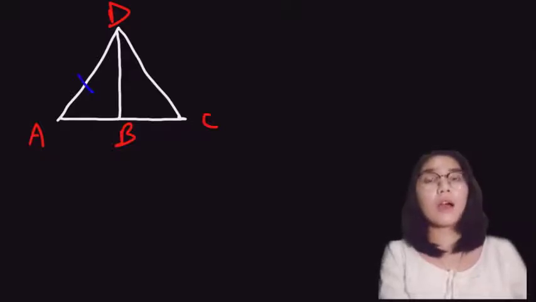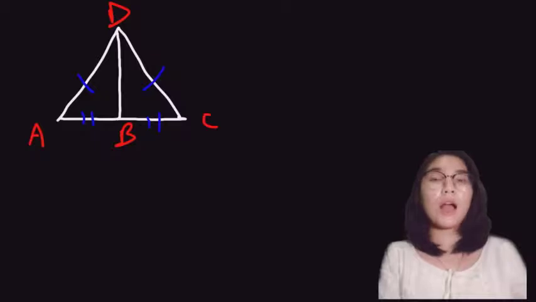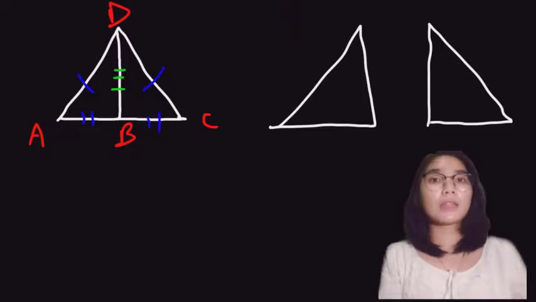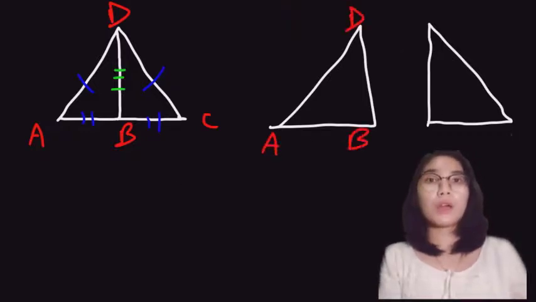Now there's one more postulate that I want to go over. Let's say this is triangle ABC and this is triangle RST. Let's say that angle A is congruent to angle R, angle C is congruent to angle T, and let's say that BC is congruent to ST. So what postulate can we use to prove that these two triangles are congruent?